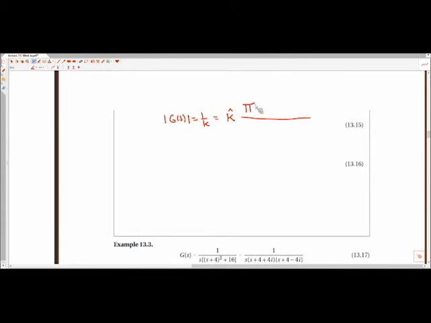for those of you who haven't seen this symbol before, I'll explain this in a second. This is going to be the product, i equals 1 to m, of s minus zi. Okay, so this symbol, if you've never seen this before, if we say that we have the product over i of ai, this is equal to a1, a2, all the way up to ai.